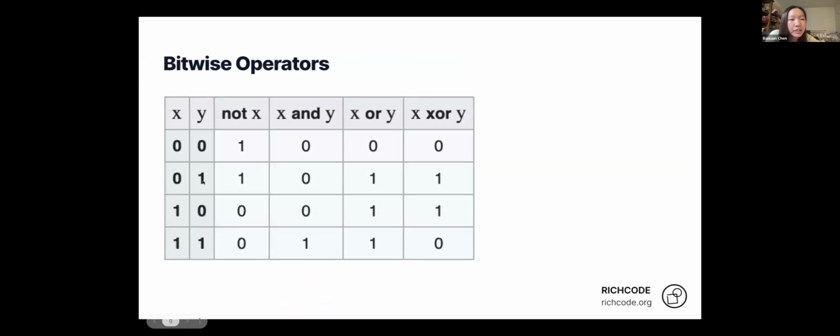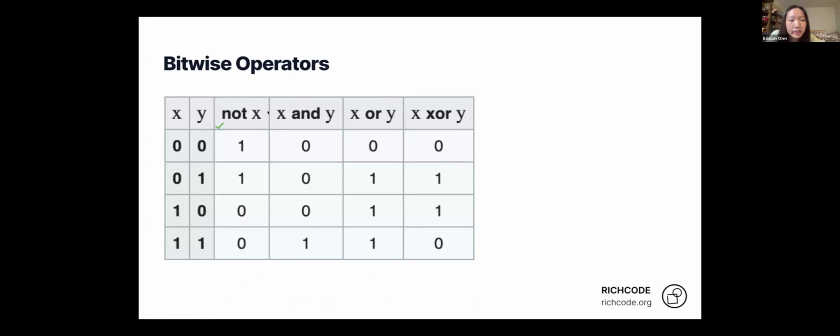Okay. So these are bitwise operators, so we're on to our next topic. This is like a table of all the operators, the main ones that will occur in the contest. So the first operator is not, and not is basically the opposite of the input.